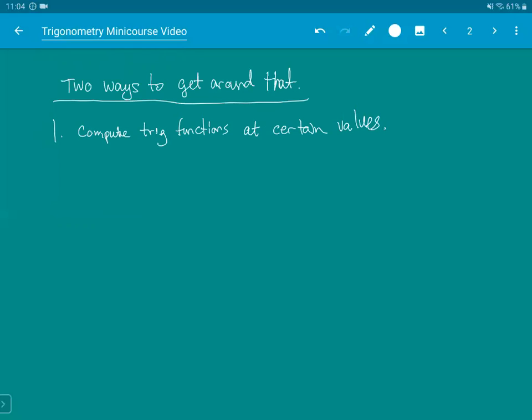We actually can compute these trig functions at some values, but only for some very nice values. Two is to look at their graphs and try to understand their behavior.